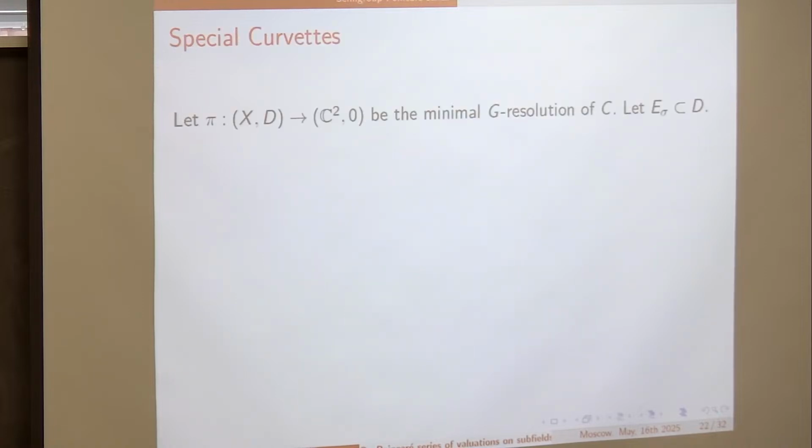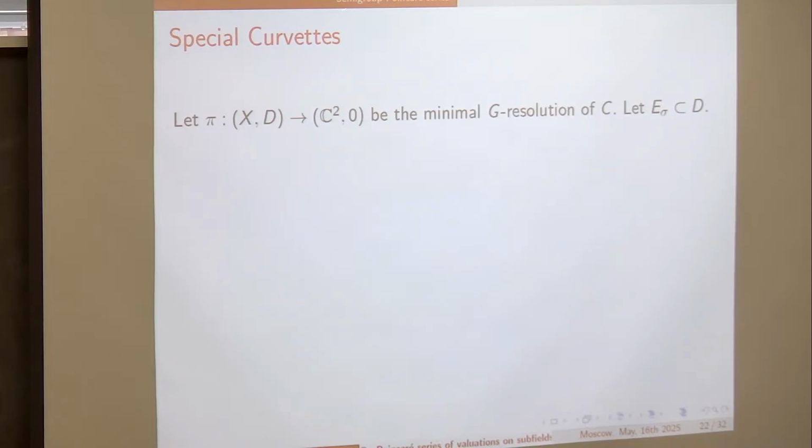Now, when we compute in the real case, I remind you that one has to take curvettes with real coefficients, because we are computing functions with real coefficients there. Here we have to compute curves with k coefficients.